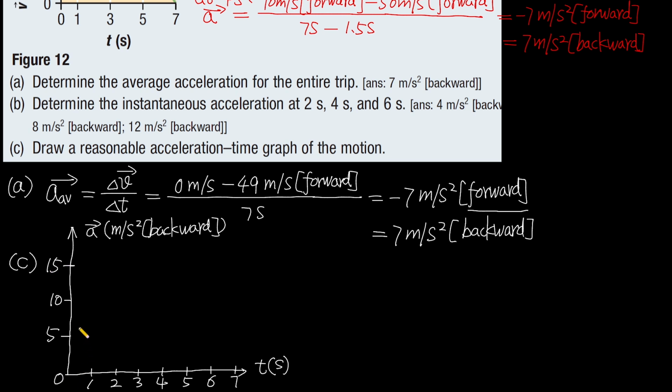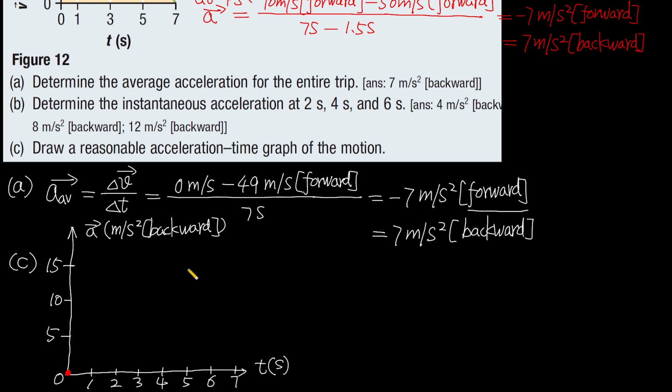So from the velocity time graph, we can find that at the beginning, at 0 seconds, the slope of the graph is 0. So at 0 seconds, the acceleration is 0.